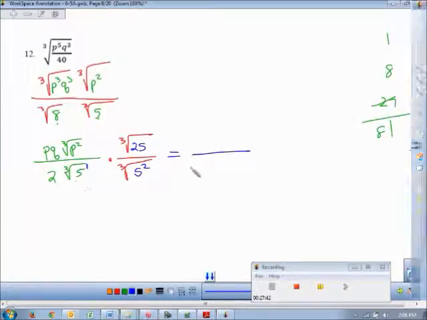Now let's multiply this together. You got 2 cube roots of, what's 5 to the first times 5 to the second, my friends? It's 5 to the third. Is everyone with me on that? You got 2 cube roots of 5 to the third. Upstairs, you have a p and a q, and you've got a cube root of 25p squared.